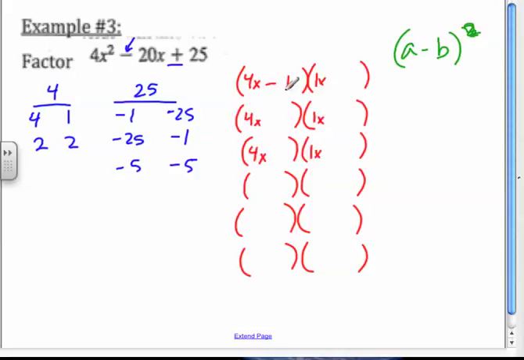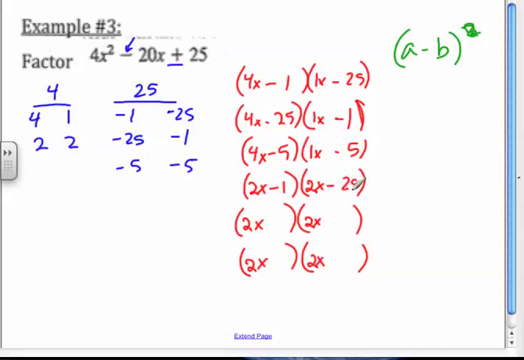And then -1 minus 25, and -25 minus 1, and then -5 minus 5. Then down on these other three, I'm going to get 2x and 2x, and let me fill in -1 minus 25, -25 minus 1, -5 minus 5. I combine outsides and insides.